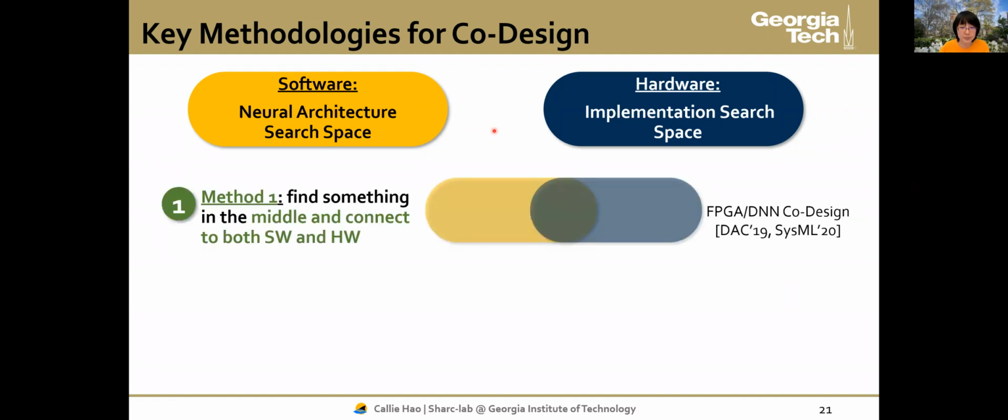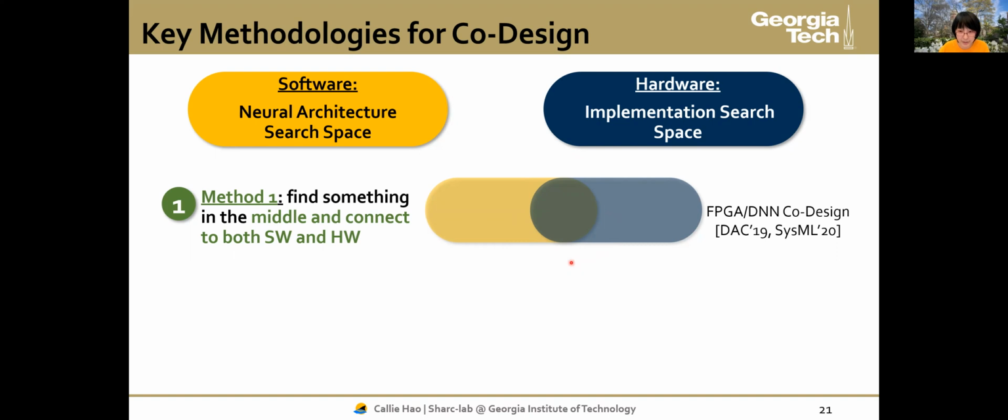We have a couple of smart ways to do this co-design, to apply this co-search at the same time. Method one is to find something in the middle that connects to both software and hardware. Say this is the software design space, this is the hardware design space. We want to find something in the middle that connects to both. This will be the key to solving the co-design.